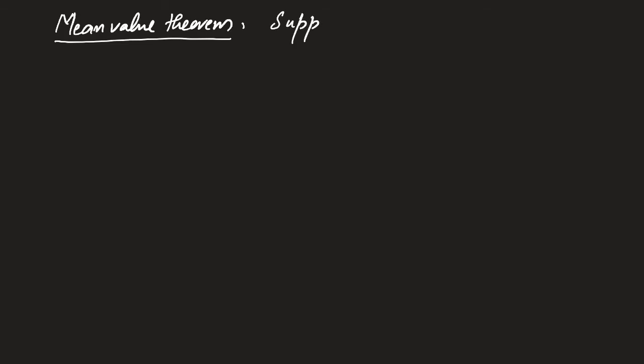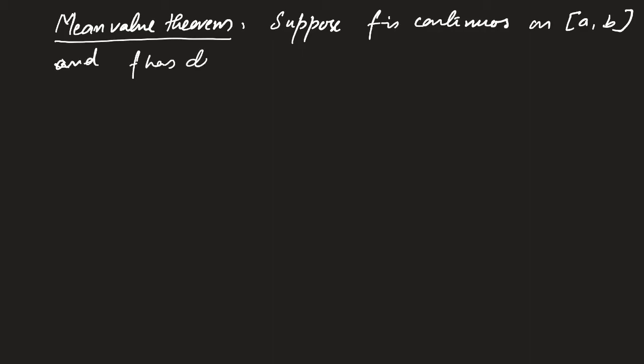Finally, we are ready to state and prove the mean value theorem. Suppose f is continuous on [a, b] and f has a derivative on open (a, b).